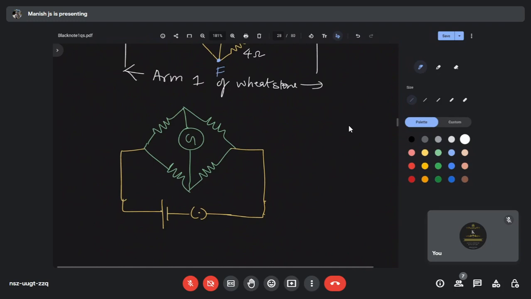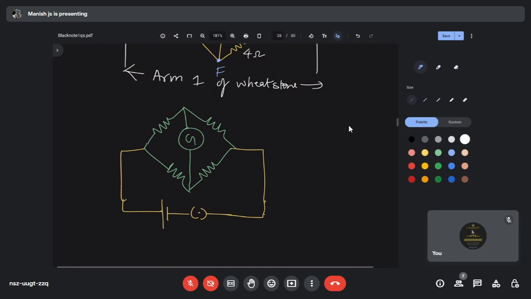It can show deflections. Usually if you don't connect a galvanometer in a circuit, its pointer will point only at 0. It will not point towards left or right. Initially the pointer stays straight at 0. If you connect it in a circuit, the pointer can deflect to the left side or the right side. When it deflects left, it means current is flowing towards the left.